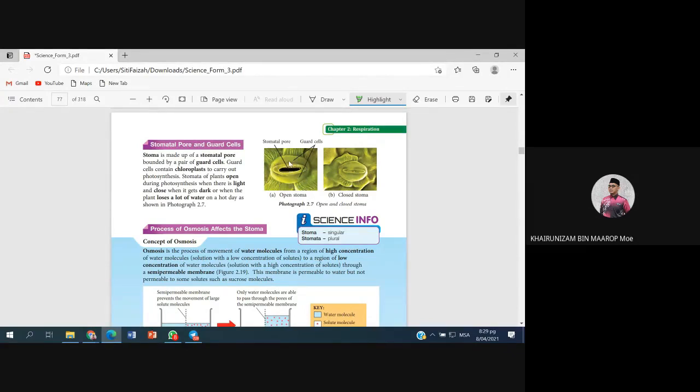And then beside, left and right of the stomatal pore, we call the guard cell. So here stoma is made up of stomatal pore bounded by a pair of guard cells. Guard cells contain chloroplasts to carry out photosynthesis.